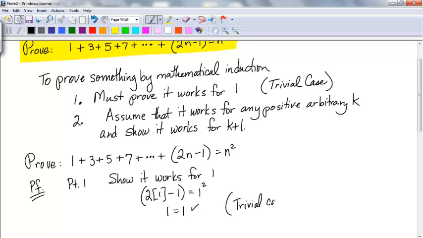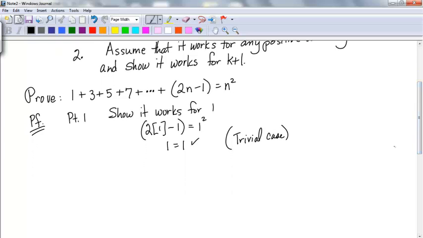Everywhere you see an n in the original, you substitute in a 1, on both sides, and show that they are equal.